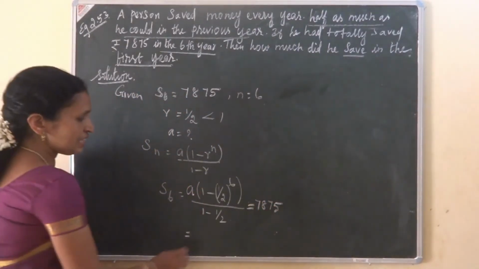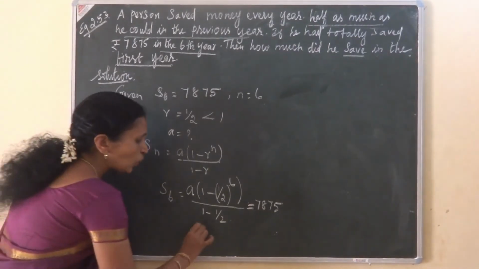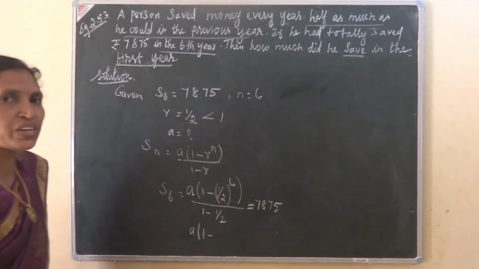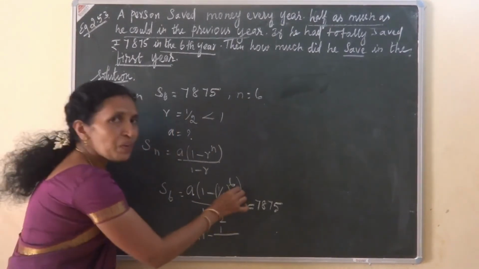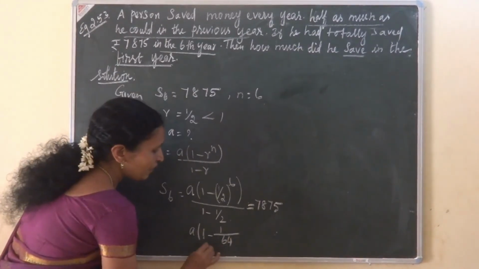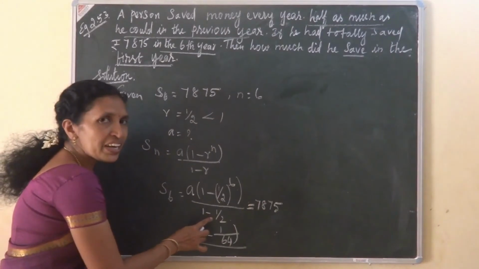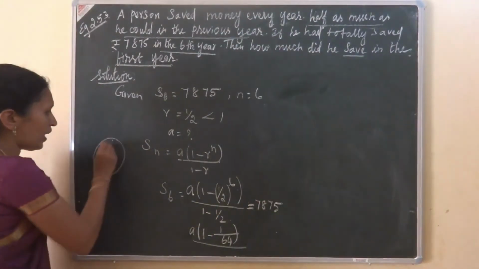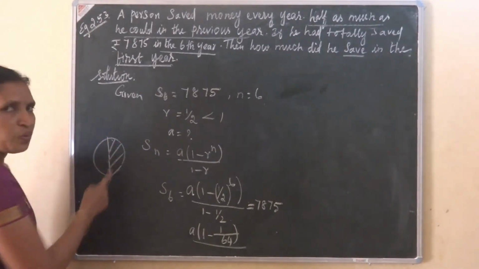Now this A into 1 minus 1/2 the whole power 6. 1 power 6 is 1 and 2 power 6 is 64. Divided by 1 minus 1/2, which is 1/2 only.